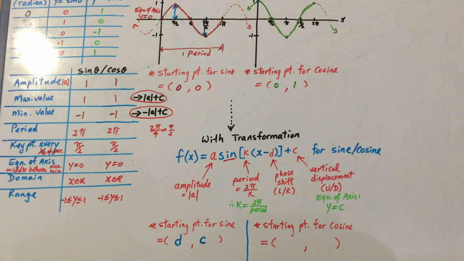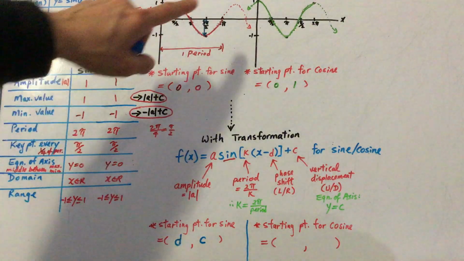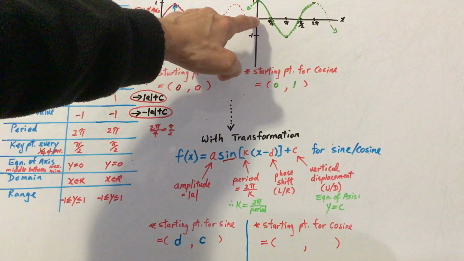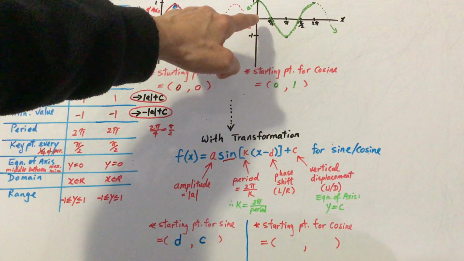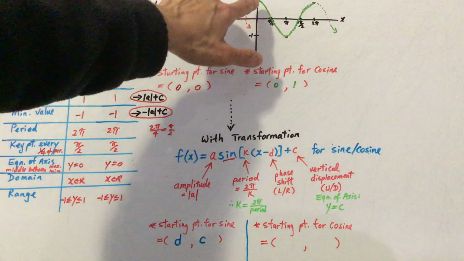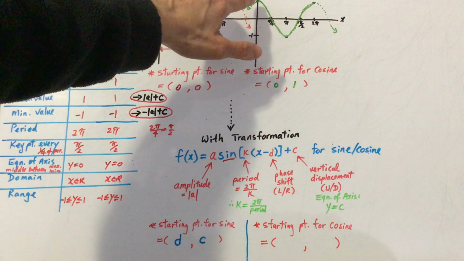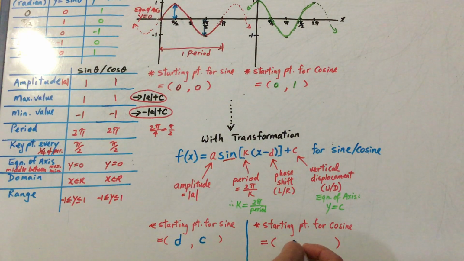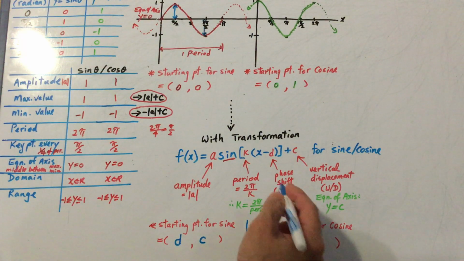Okay. And if you look at the cosine, the starting point, because it starts from the maximum, it doesn't start at the middle, okay? When you have transformations left and right, it actually will change the starting point as well. And so the x coordinate of the starting point is always being affected by the phase shift.